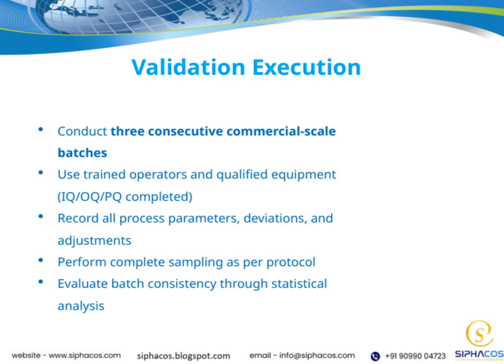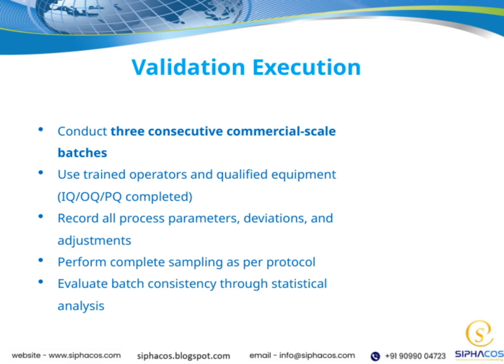During these batches, we meticulously record all process parameters, deviations, and adjustments. This detailed documentation is key because it allows us to track exactly what happened during each run, identify any issues, and make data-driven decisions for continuous improvement. We also perform complete sampling according to our established protocol. This means taking representative samples at specified points to analyze the quality and consistency of the product throughout the process.